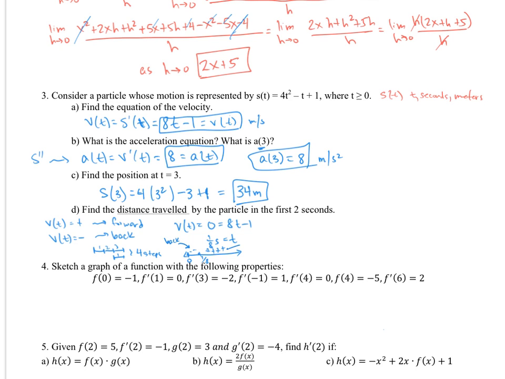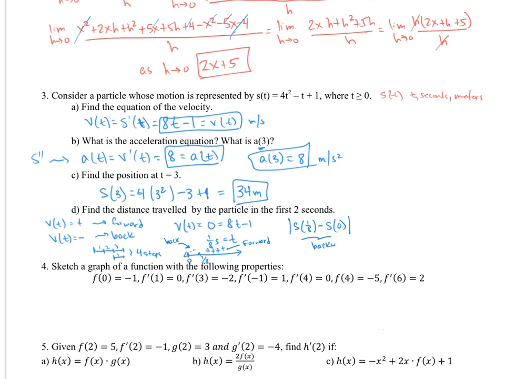And in this interval, we're going to be moving forward. So what we want to do is we want to break this apart, and we want to find the position at 1/8 minus the position at 0. That'll tell me this distance traveled backwards.